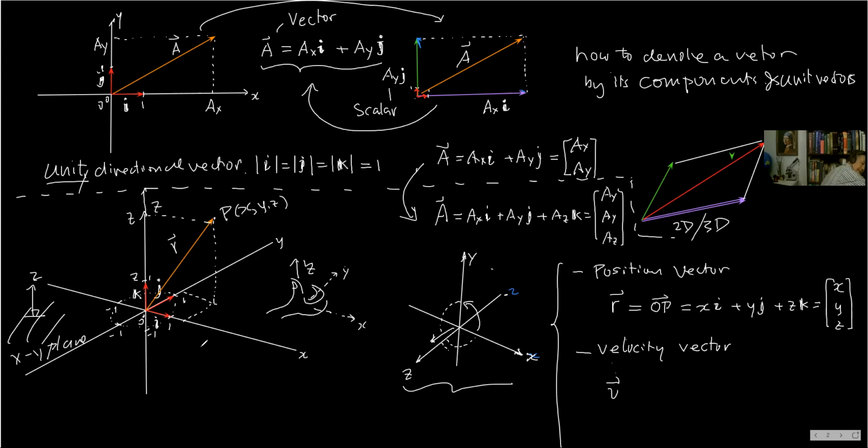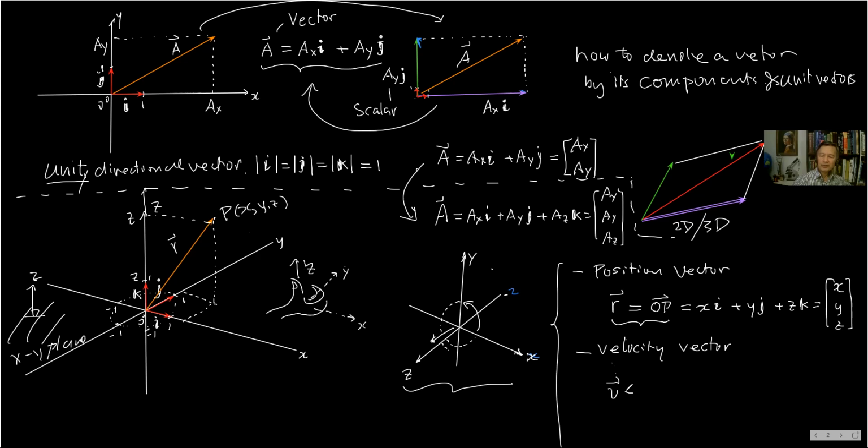Does it not start at the origin? Yes. It doesn't start at the origin, it's just floating in space. Right, it's not from origin. So this is only true for the position vector.